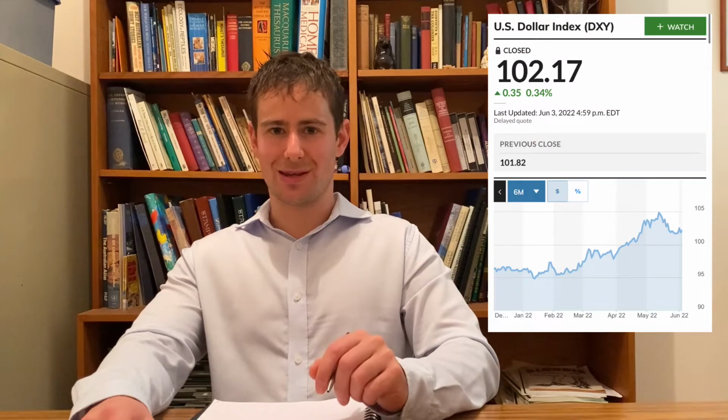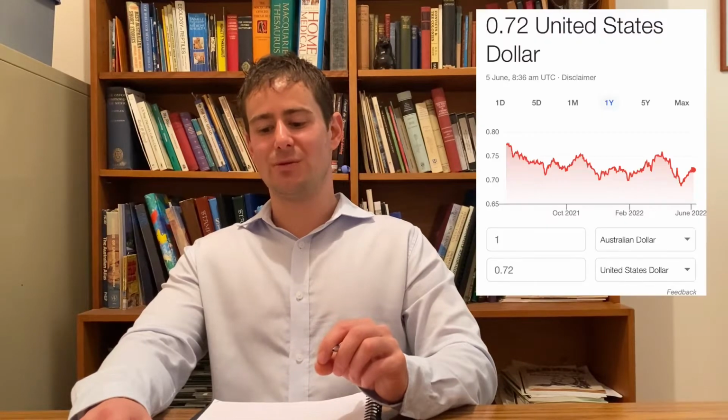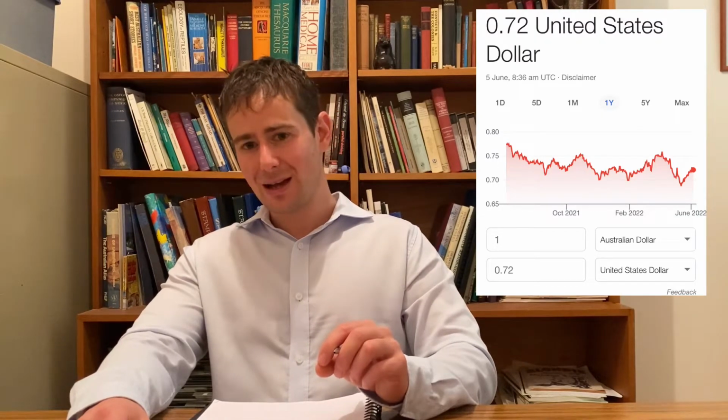And you'll notice that the US dollar is very strong at the moment. So this is resulting in a favorable exchange rate with the US dollar for gold producers. So the low-cost gold producers in Australia are benefiting not only from the high gold price, but also from the strength in the US dollar relative to the Australian dollar.